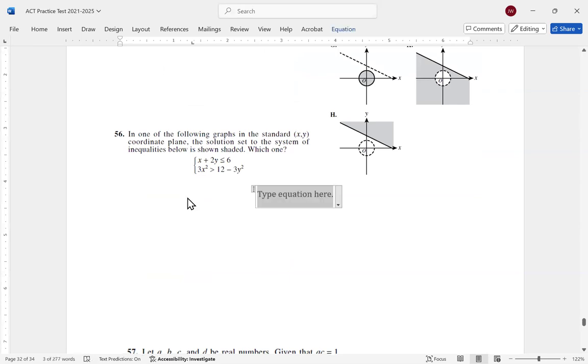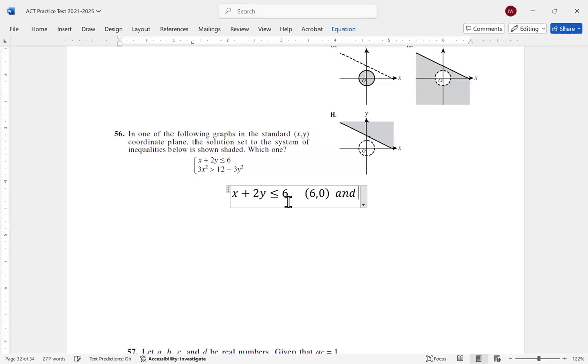First off, if we look at x plus 2y less than or equal to 6, it's going to go through the point (6, 0). When I plug in 6 for x and 0 for y, I get equality.